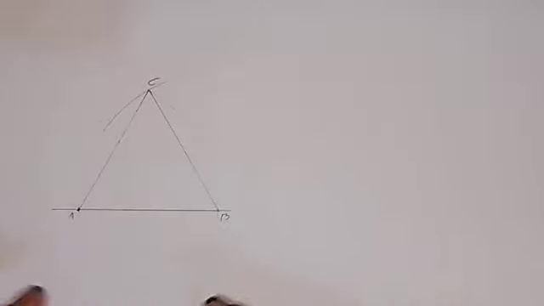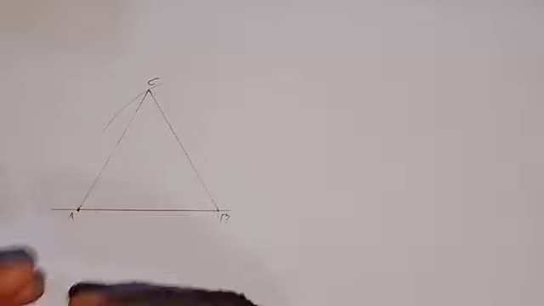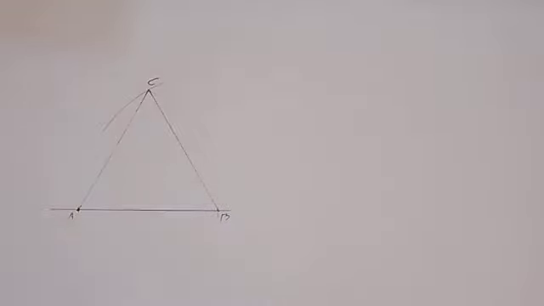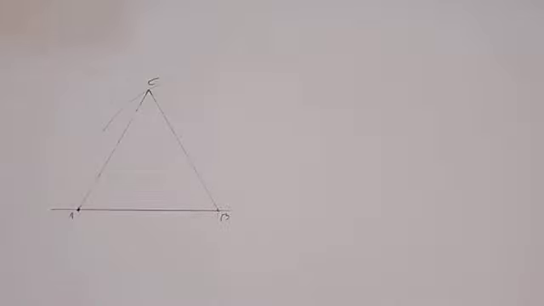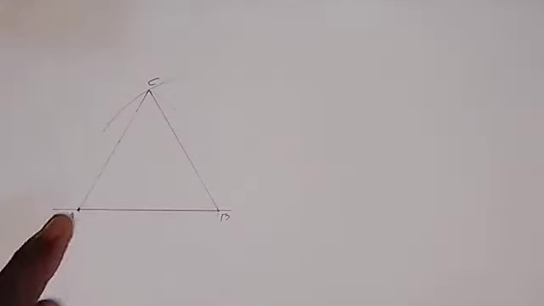So what I mean is this: we are going to bisect side AC and side BC. That is my own decision. You may decide to bisect side AB and BC or side AC and AB.